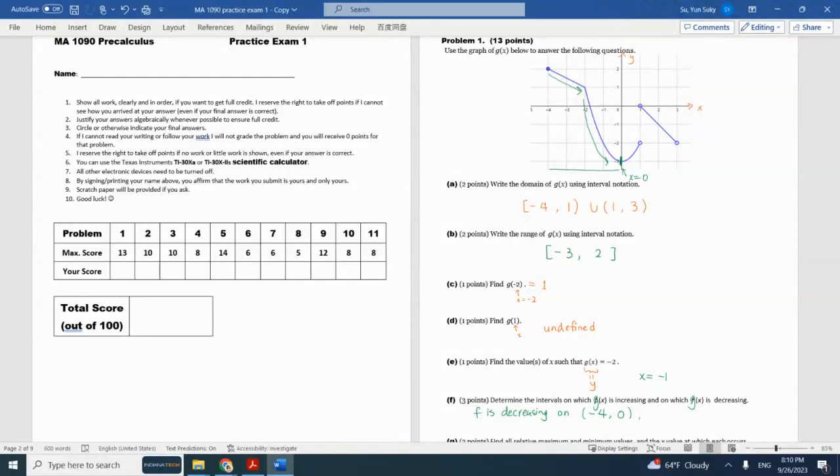Okay? And then next piece, we keep going. You see from 0 to 1, so when x is 0 to 1, our function is increasing. So you can say g is increasing on this interval, x is 0 to 1. Okay, so x values, they're intervals.